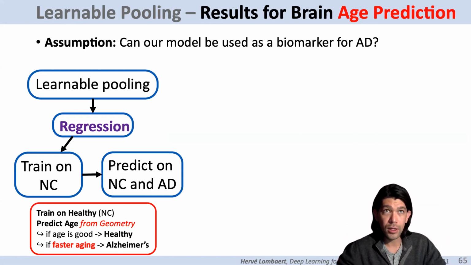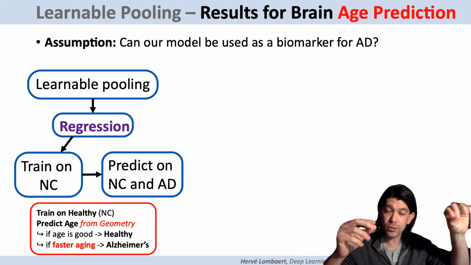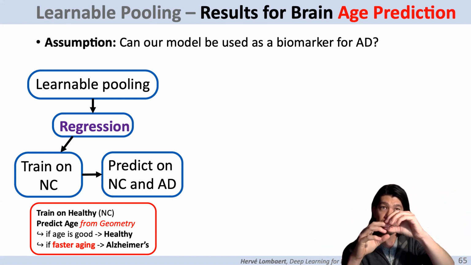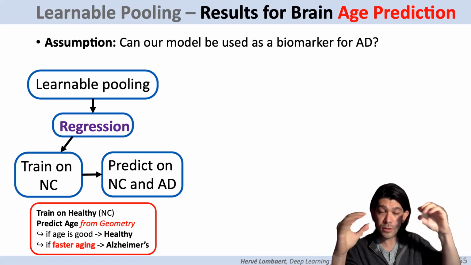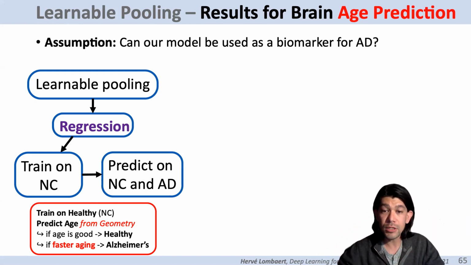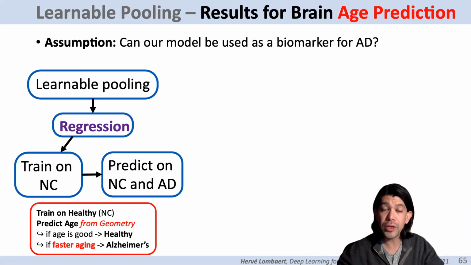Once you have a trained model, you input healthy subjects, and it should output the right age, so that's okay. But for a person with Alzheimer's disease, if the predicted age is significantly different from the real age, that means maybe the brain itself, or the shape of the brain, is showing a much more aged brain than what the person really is.